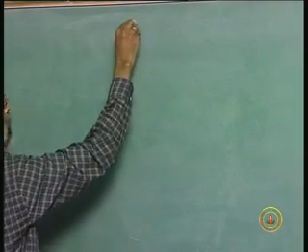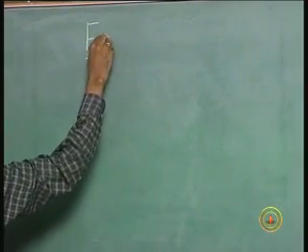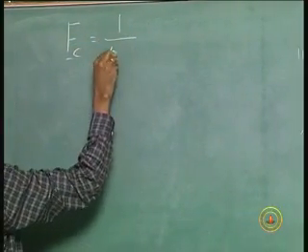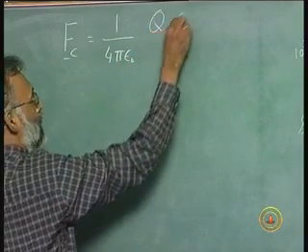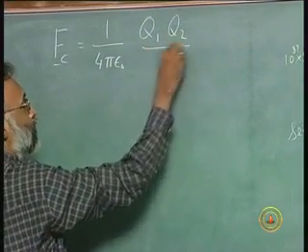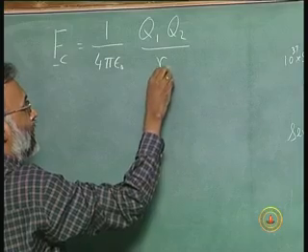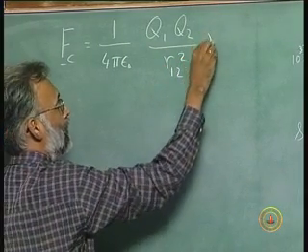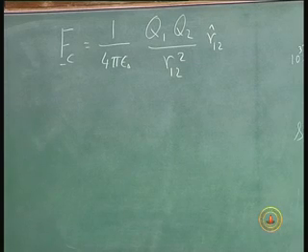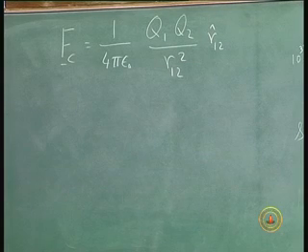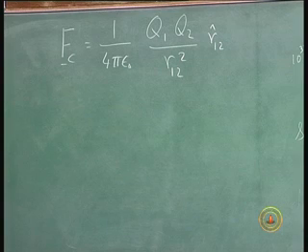We have the Coulomb force, it is a vector, goes like 1 over 4 pi epsilon naught, charge 1 times charge 2 divided by r12 squared along the direction of r12. This is the definition. This is the definition if you have two charges.